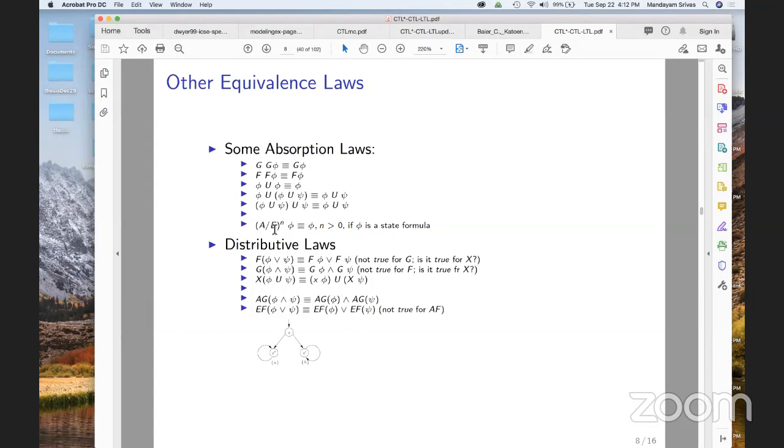expressive value. And there are some distributive laws, and these are kind of interesting. F distributes over OR on LTL formulas, but this is not true for G. Firstly, let's get to this. Does X distribute over OR?